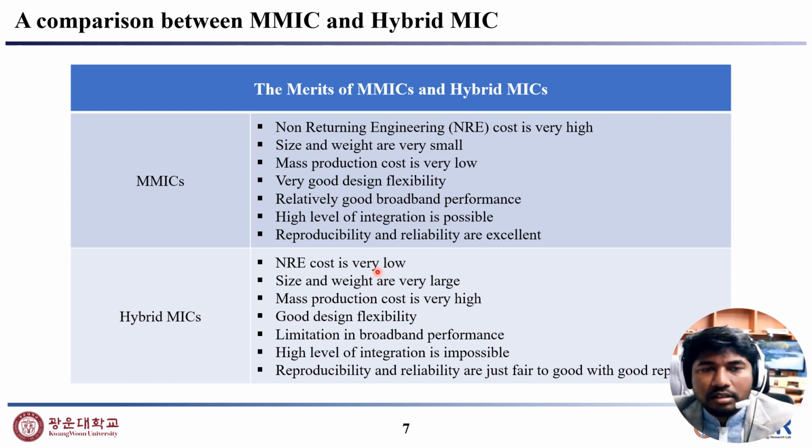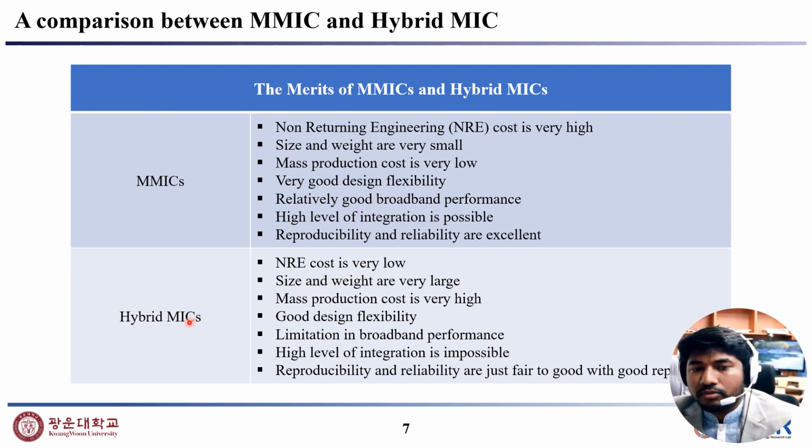In this slide, a comparison between MMIC and hybrid MIC is presented, with the merits of each. In the case of MMIC, there are several merits: non-recurring engineering cost is very high, size and weight are very small, mass production cost is very low, and there is very good design flexibility.